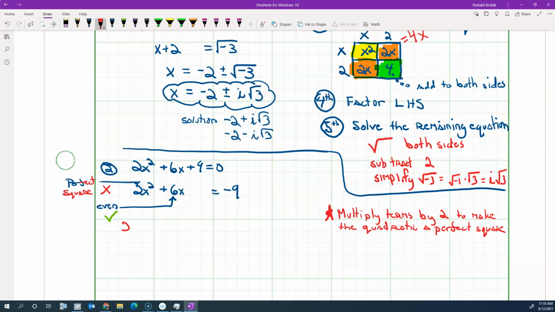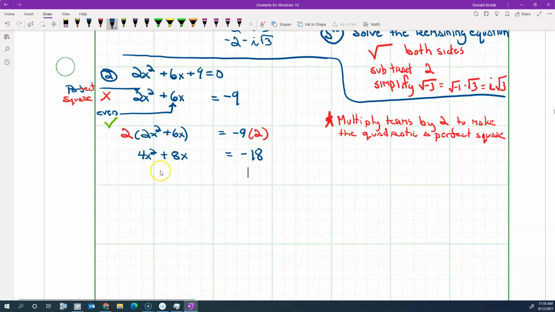Right? So 2, and then that whole side gets multiplied by 2, and this side gets multiplied by 2. And now I'm ready to roll. Okay, so we did that so that this would be a perfect square.